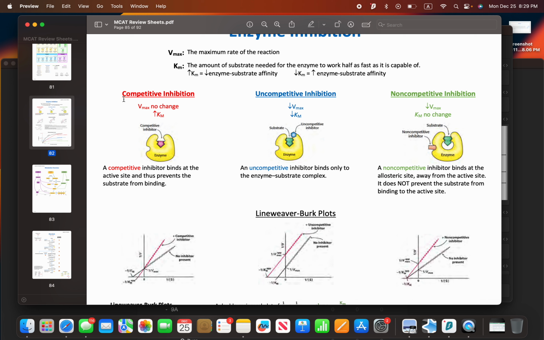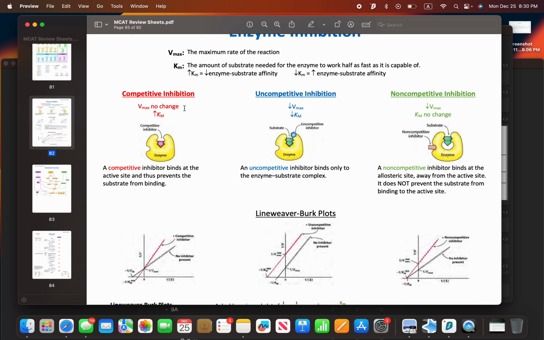Back to competitive. Why was the Vmax not changing? Because the active sites are full, and we're not affecting the empty cars being back or not. So imagine fake passengers getting on the cars and going to the destination, but the car comes back empty.